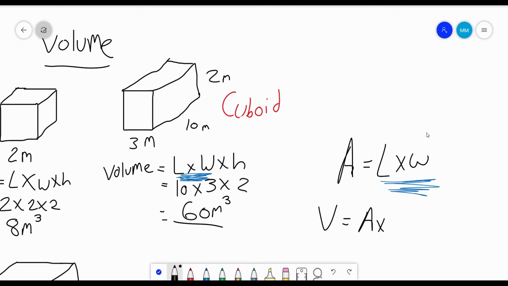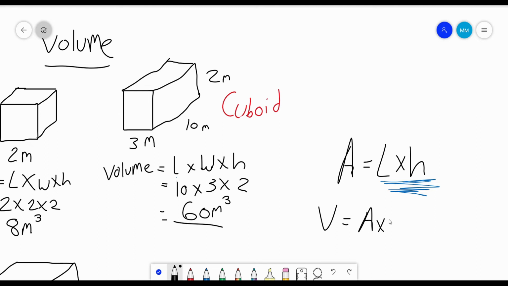That is length times height, isn't it? If we're being technical. Which, let's be honest, it's 2 lengths. All an area is 2 lengths times together. Normally they're the length and width, but in this case, your length of this face is the 3, and your width of this face is the 2. That's why I've put the H in here. Have we got an L and an H in this formula? Yes, we have. So we could rip these off, L and H, and swap them for the letter A.